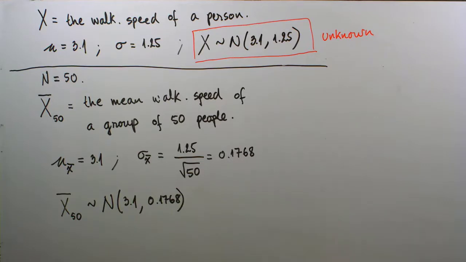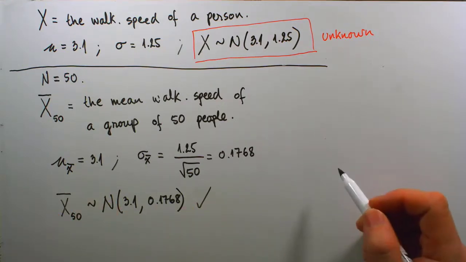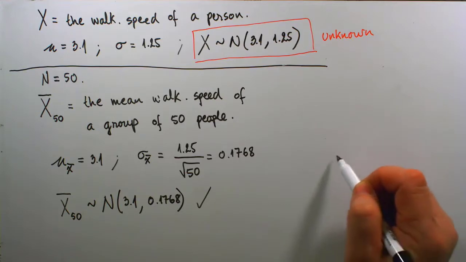And so now we are convinced that our sampling distribution of the sample means at size 50 is on a bell curve. And the whole point of doing this now, and I put a check mark here, is to indicate that this is now verified.